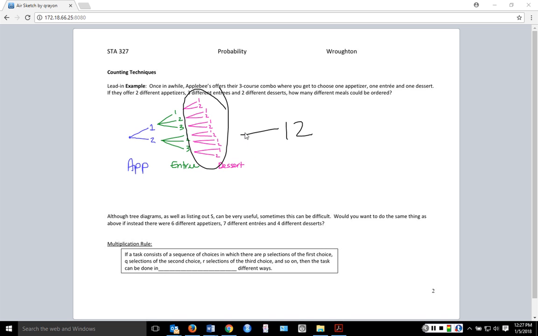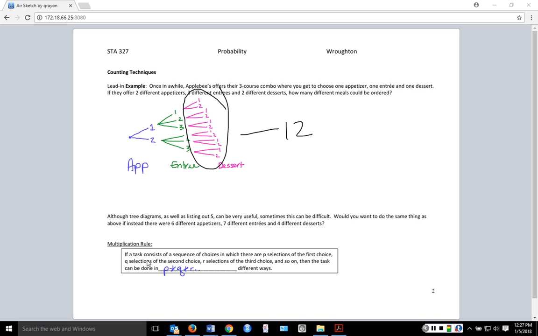But what's important about using this multiplication rule is your first choice doesn't impact your second choice. So what I mean by that, if you got a certain appetizer that forced you into a certain entree and you didn't have any choice when you went here, the multiplication rule couldn't be used. But how we use the multiplication rule is that then the total number of ways that you can do that sequence of choices is just to multiply your different options together.